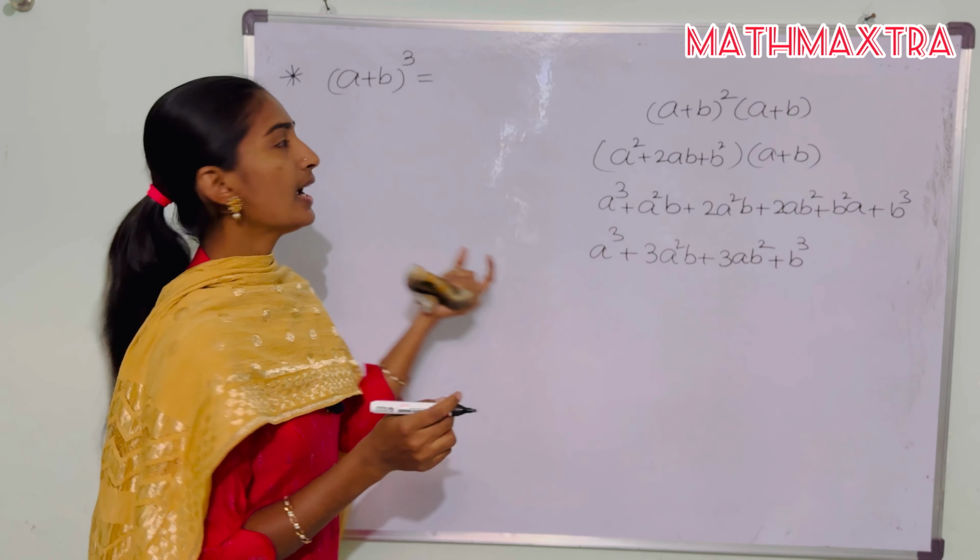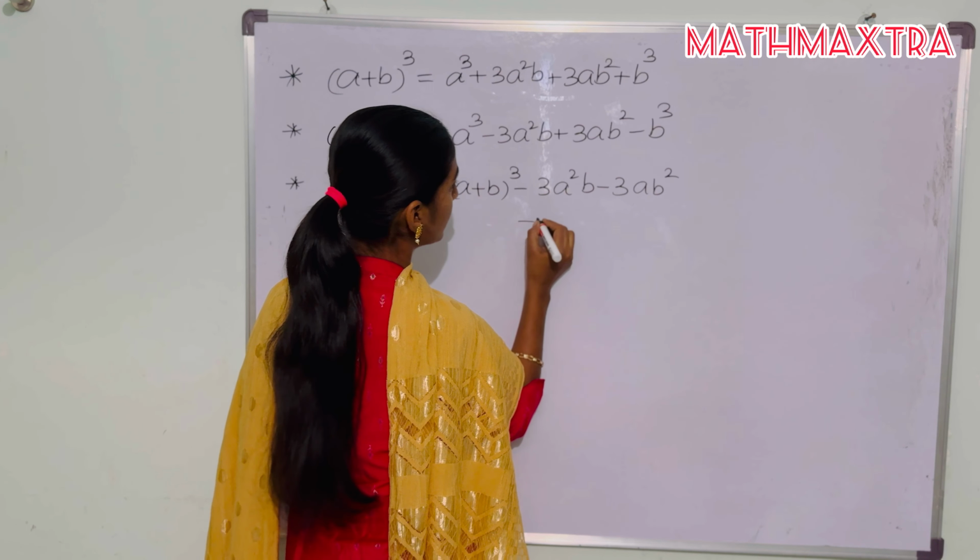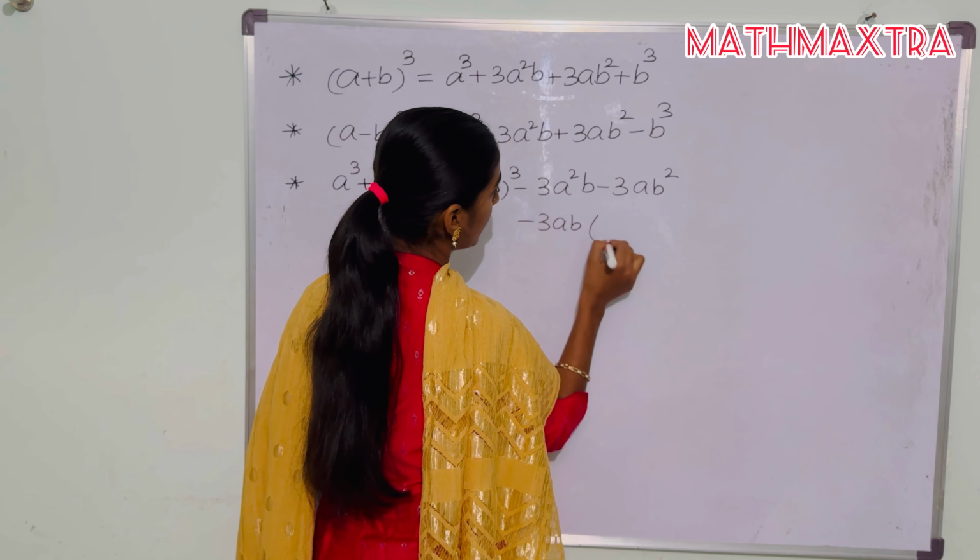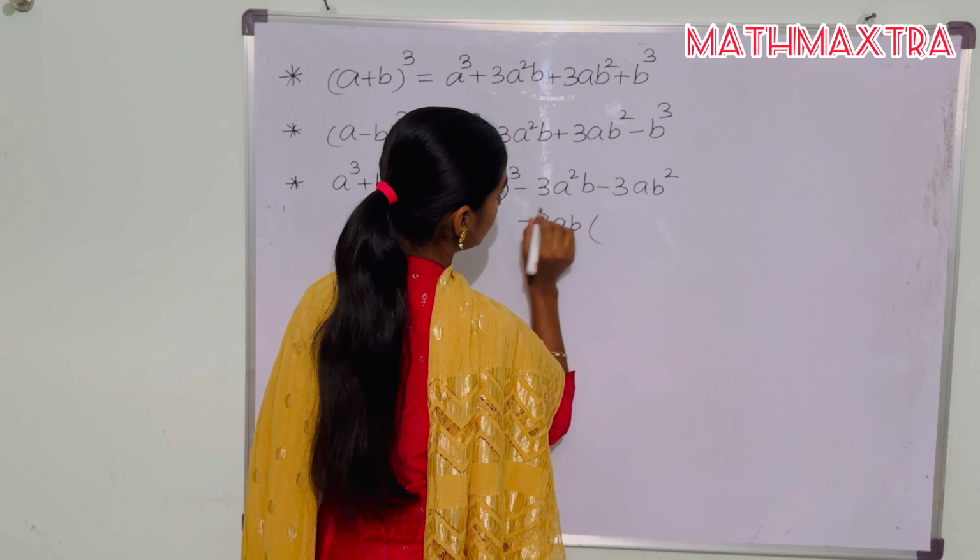If you take 3ab as a common, so what will remain? A plus b, isn't it? So how can you write a cube plus b cube, which is a plus b whole cube minus 3ab into a plus b. Sometimes we have values of a plus b as well as ab. So that time you can simply calculate a cube plus b cube value.